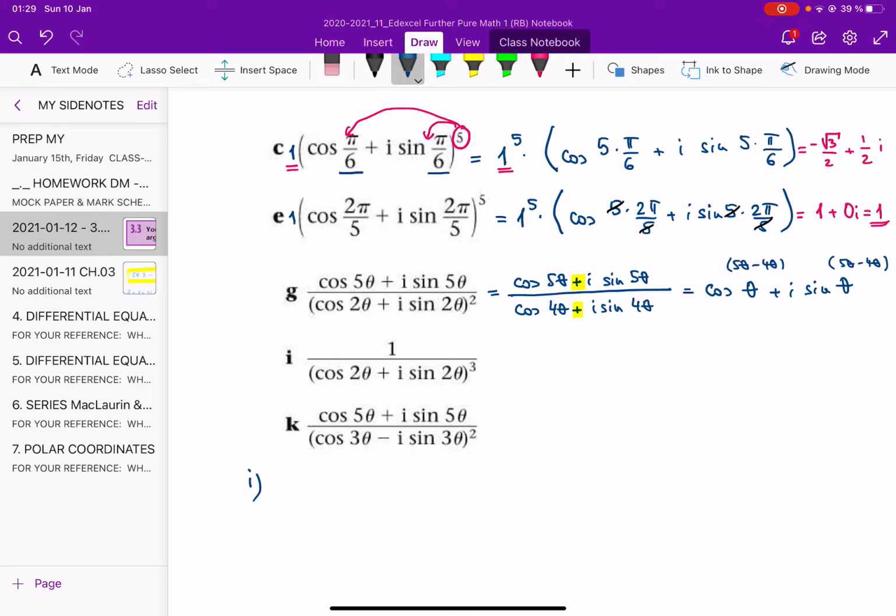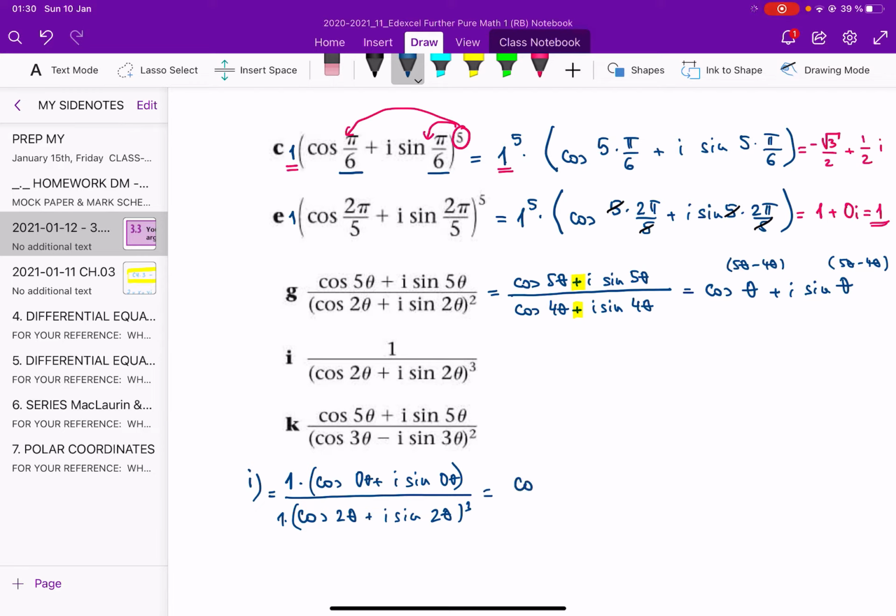When you look at it, you have 1 divided by something, but obviously that 1 can be written as 1 times cosine 0 plus i sine 0, or 0 theta if you want. And then you have cosine 2 theta plus i sine 2 theta to the power of 3.